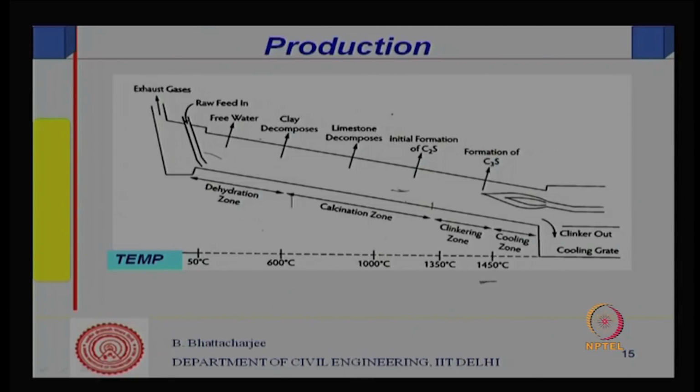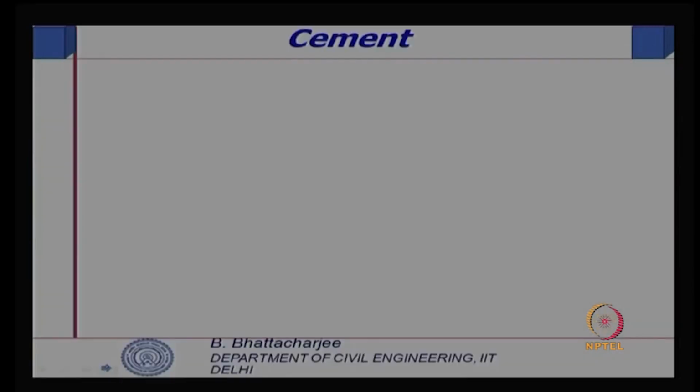Then formation of C2S, one of the compounds in the cement clinker, takes place, and C3S forms at somewhat higher temperature. This is called the clinkering zone, and then you cool it, the clinker goes out, cooled to about 60 degree centigrade or so, and then later on you can mix it with a very small amount of gypsum and grind it.